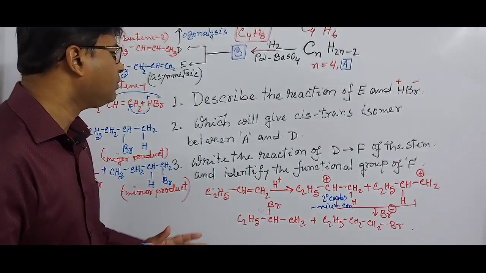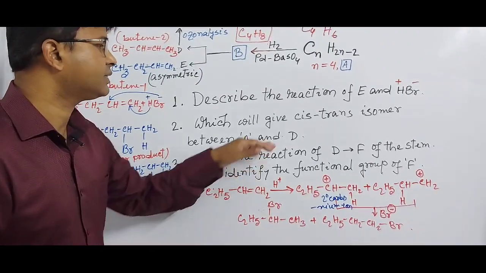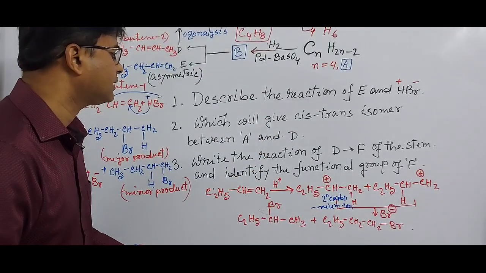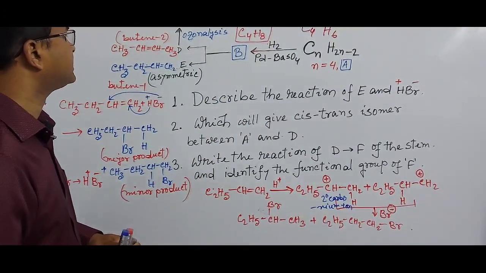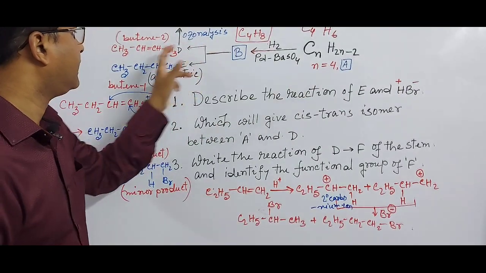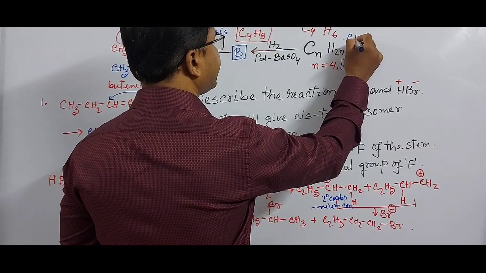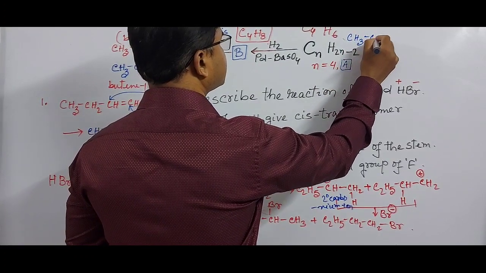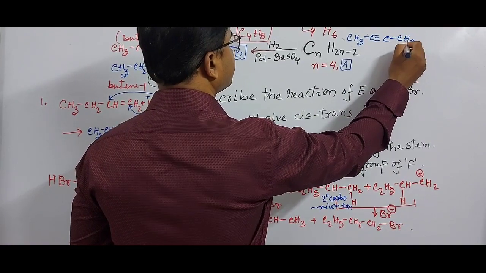Students, now look at question number 2, which asks for the cis-trans isomer between A and D. First, you have to understand what A and B are. Compound A is actually CH3-C≡C-CH3.